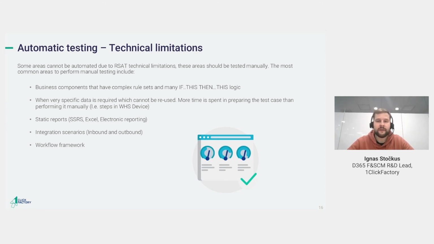So in that case, we have different tool sets that we use besides RSAT, and we test out those integrations with different integration testers, and we get those results and report those as a normal test. So do not have this expectation that you will be able to automate everything. You should aim at automating the most repetitive, most redundant, and the easiest tasks that don't need any manual effort or manual inputs.